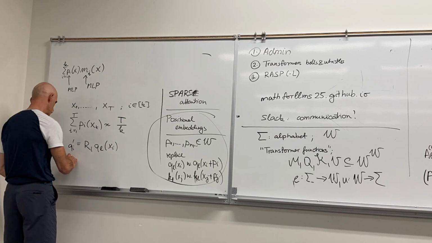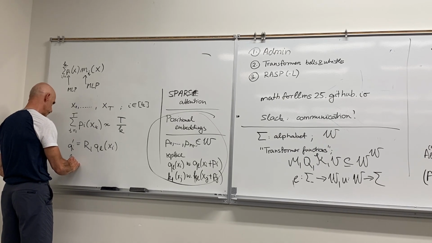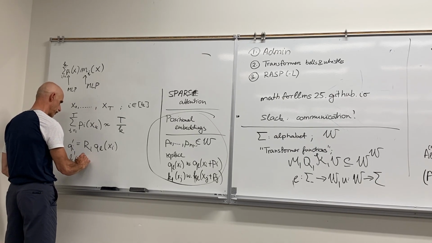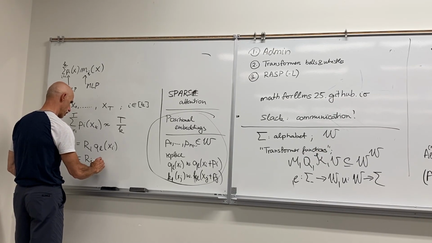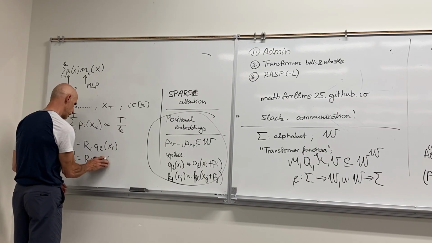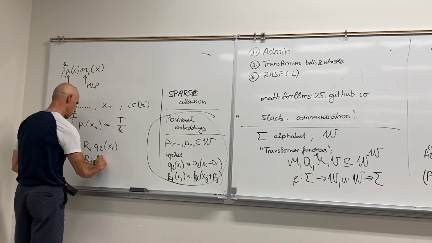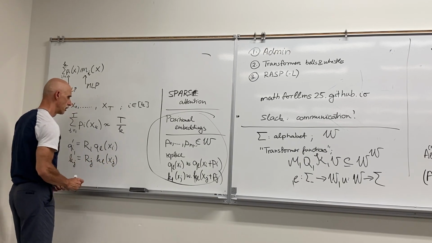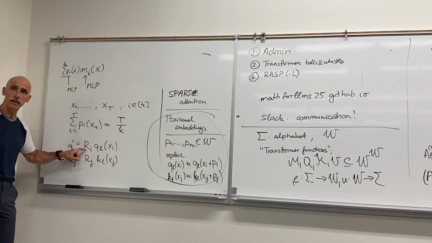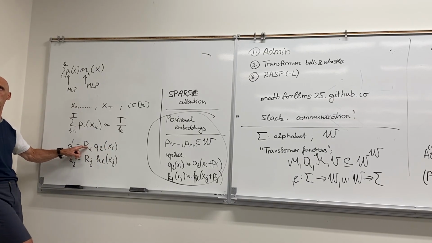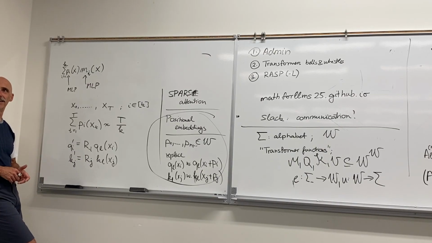And the same for the keys. So for the i-th position, you apply a position-specific rotation. Do you learn this or you specify it? I think that you specify it.